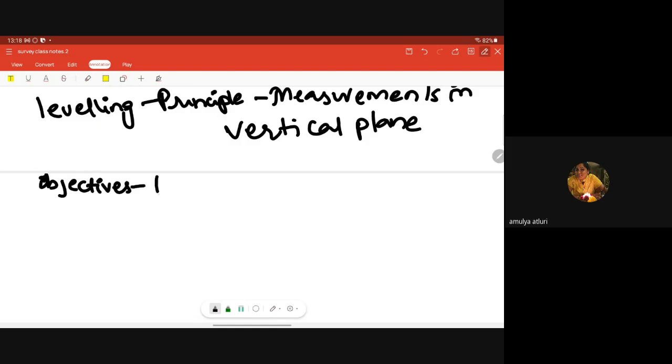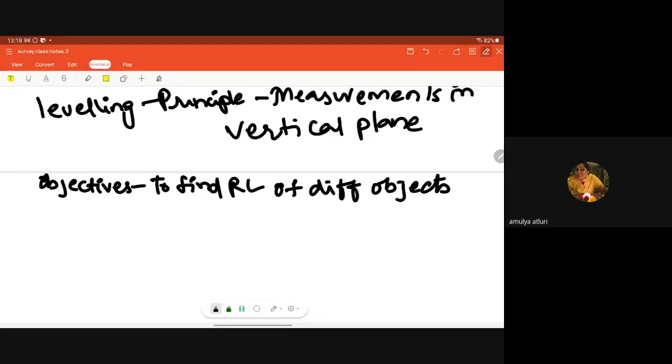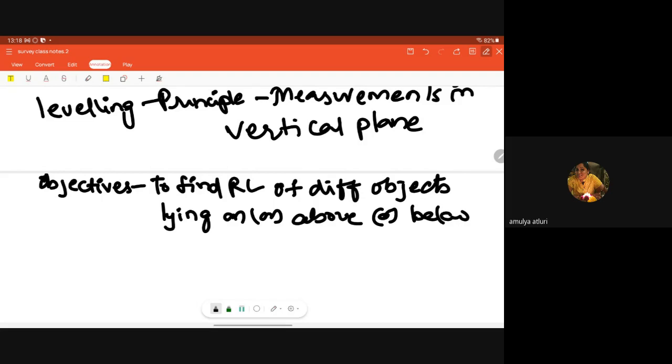It is to find the reduced level, RL, of different objects lying on, above or below the earth's surface.